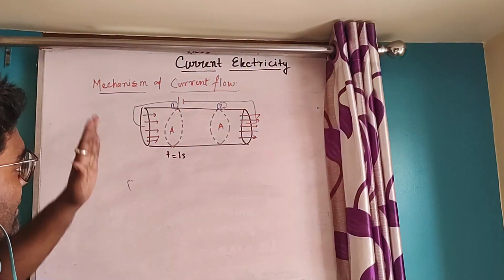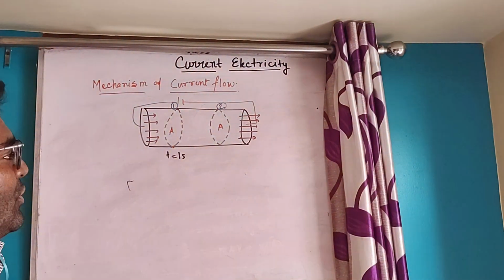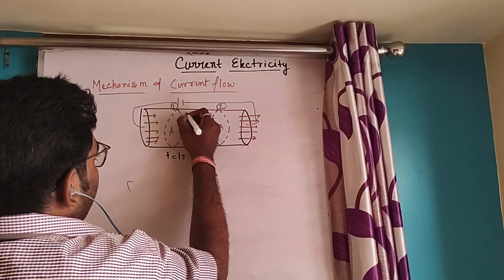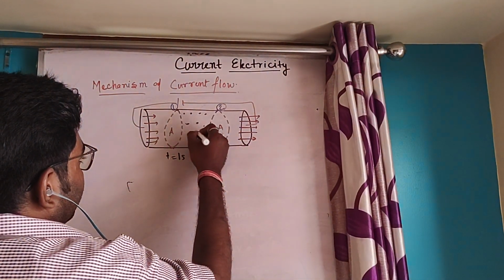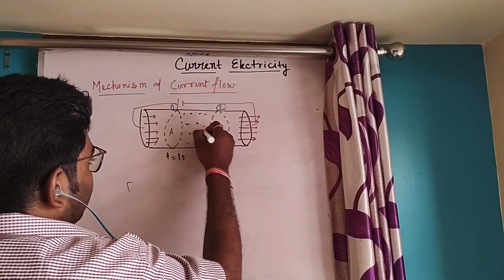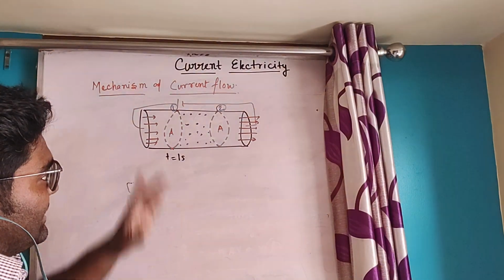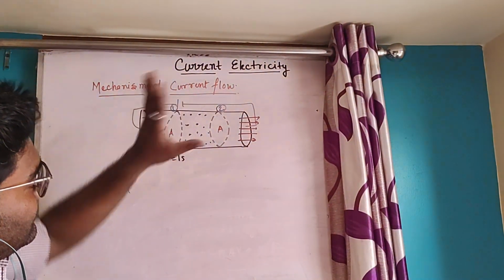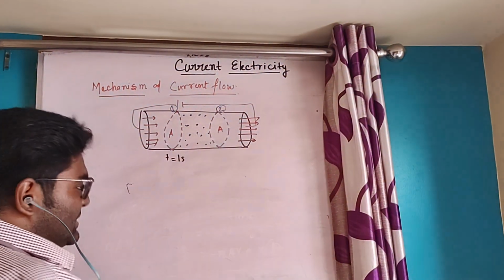So suppose that at t equal to 1 second, some amount of electrons will pass through this first cross section and become accumulated here. Suppose at t equal to 1 second, this number of electrons will pass through the first cross section and accumulate here.